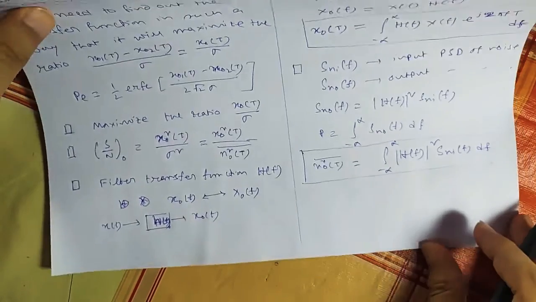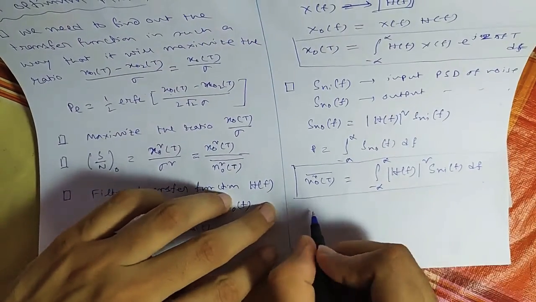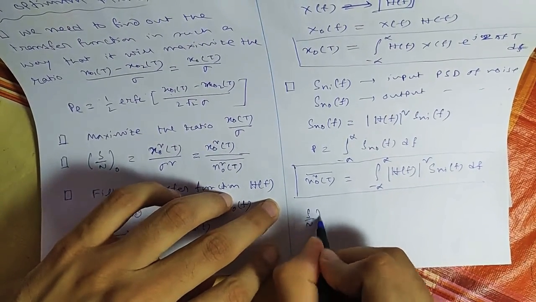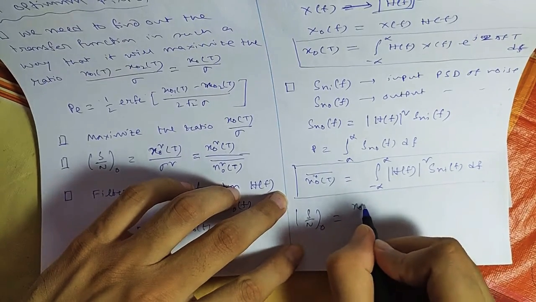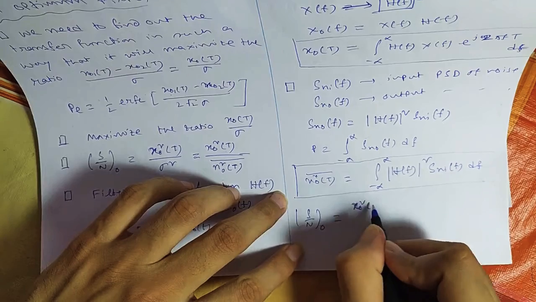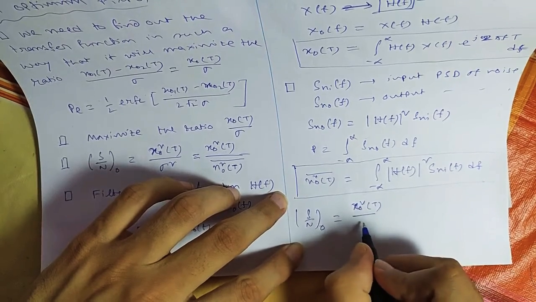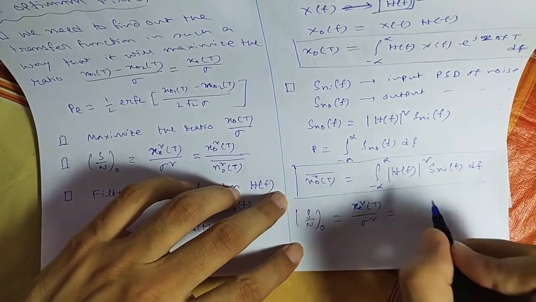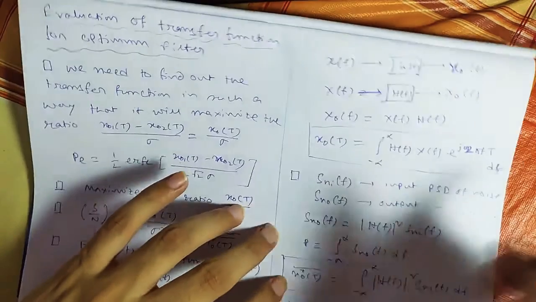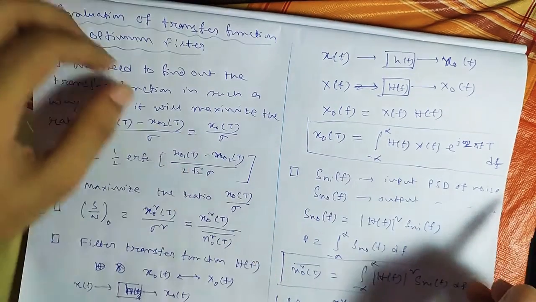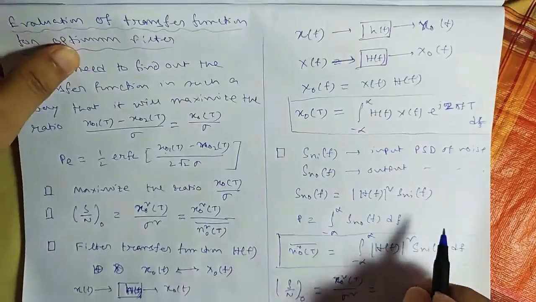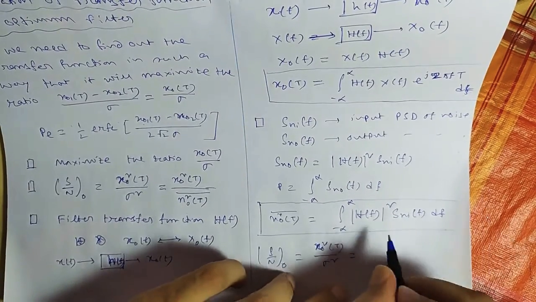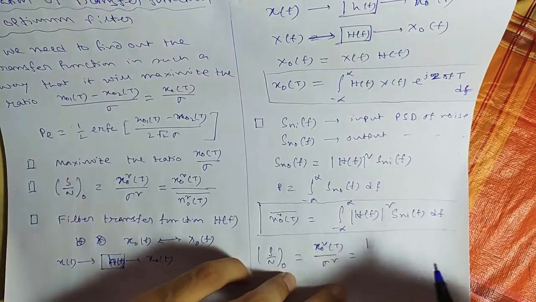So as a result, our signal to noise ratio S/N at output equals |x0(t)|² by sigma square. I'll take the square of x0, so this will be the absolute value square because it may be a complex number.